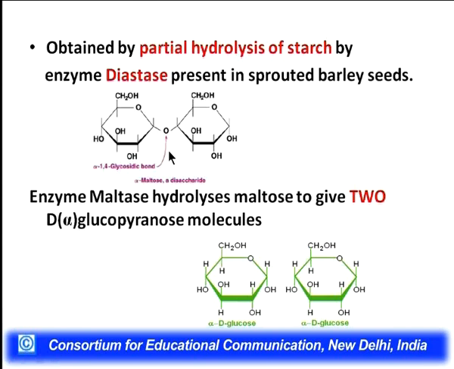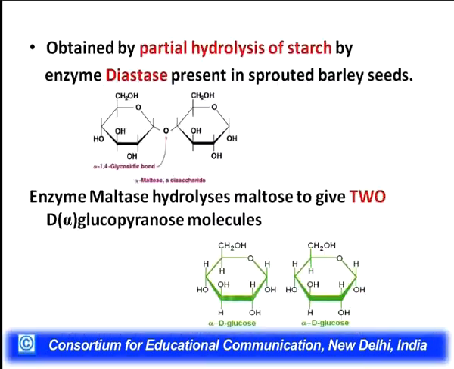This diastase brings about hydrolysis, which breaks down maltose into its monosaccharide units, which are alpha D glucose. In one of my previous series I had shown alpha D and beta D, but maltose is made up of only alpha D glucose, and the alcohol part is also alpha D glucose. Now when we eat maltose, what happens in our system?